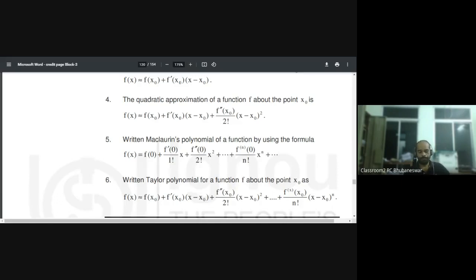And similarly, if we extend the same process of calculation, the expression will be developed as a series, and this series is known as Taylor's polynomial or Taylor series. Look at the expression represented in point number 6.